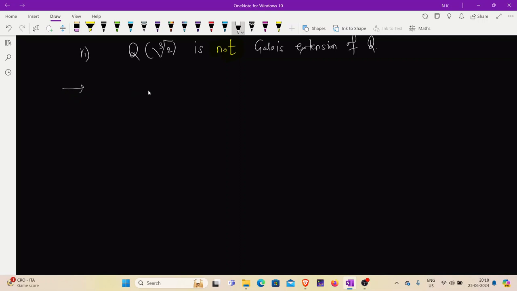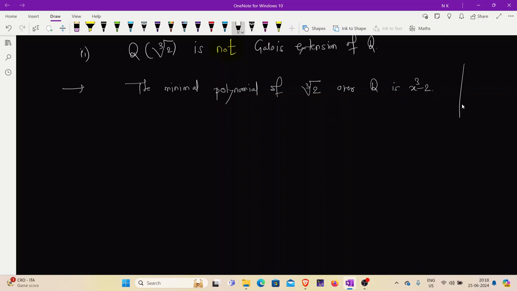First of all, you have the element cube root 2. The minimal polynomial of cube root 2 over Q is x cube minus 2, right?